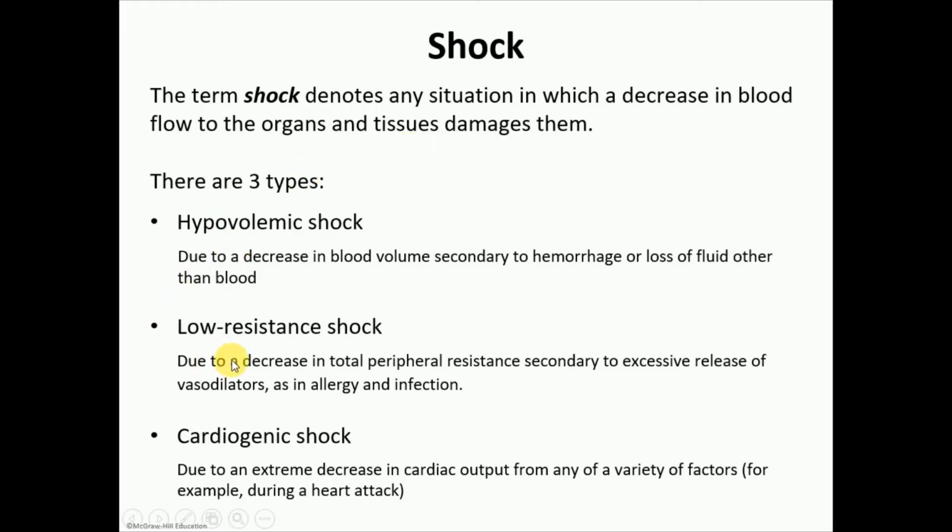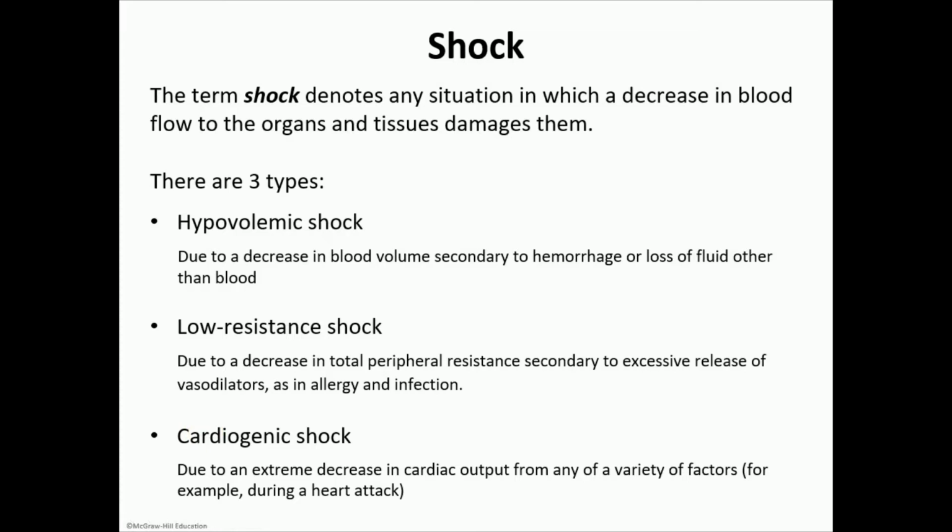It could be low resistance shock, and that's what happens in severe allergies, where again, there's massive vasodilation leading to a sudden severe decrease in blood pressure, strong enough to lead to shock. Cardiogenic shock is a shock that happened due to a defect or a pathology in the cardiac muscle.